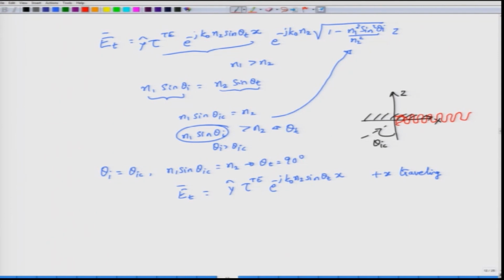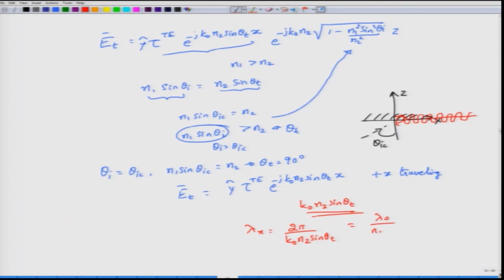The corresponding k vector along the x direction is given by k0 n2 sin theta t, and the lambda along the x axis for the wave which is propagating now will be given by 2 pi by k0 n2 sin theta t. 2 pi by k0 is the free space wavelength lambda 0.